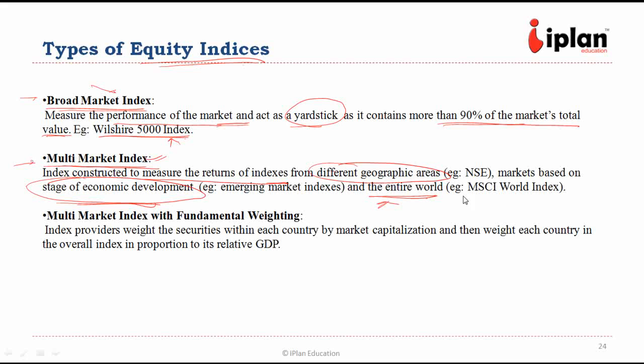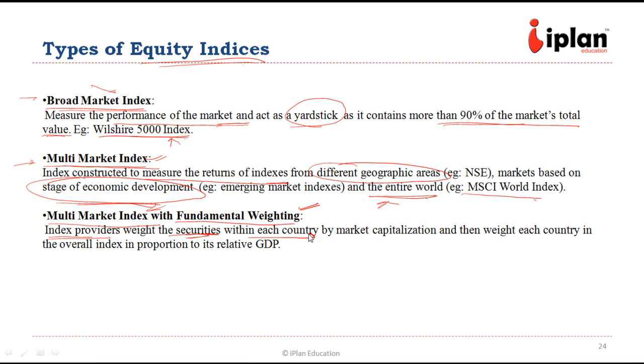Then we can have multi-market index, which is covering different markets from different geographical areas and different stages of economic development, along with the fundamental weight. So here the index provides weights to the securities within each country by market capitalization.